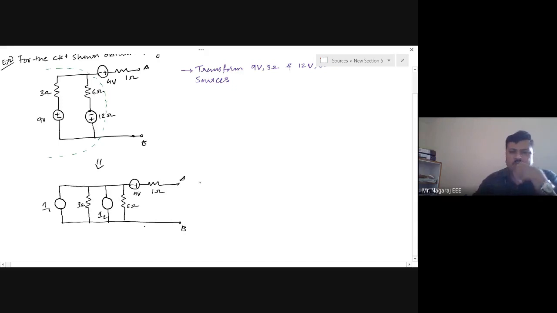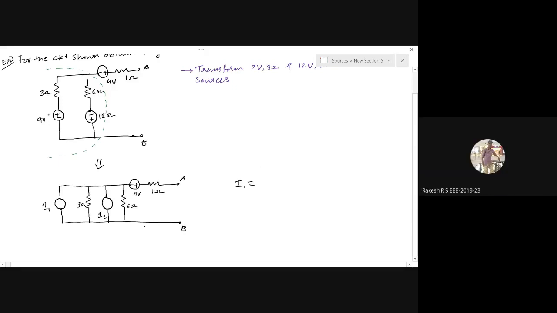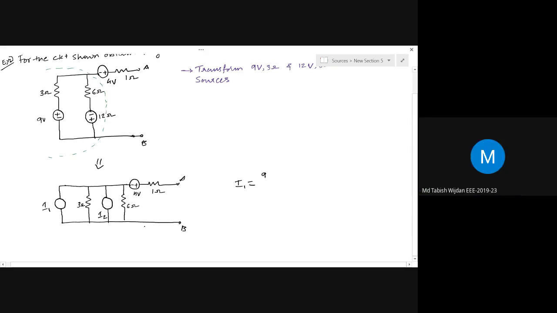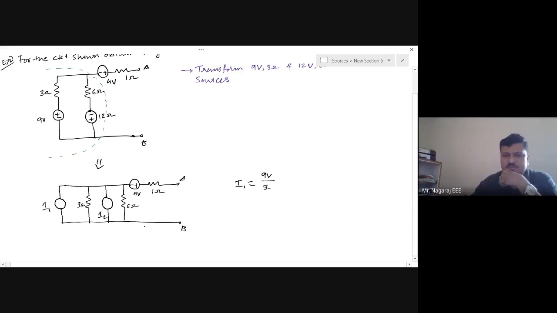Now, what is the value of I1? Source voltage divided by resistance. So I1 is 9 volts by 3 ohms. It is 3 amps.